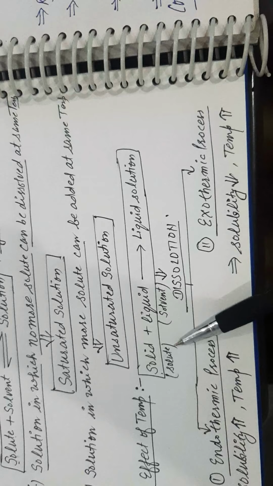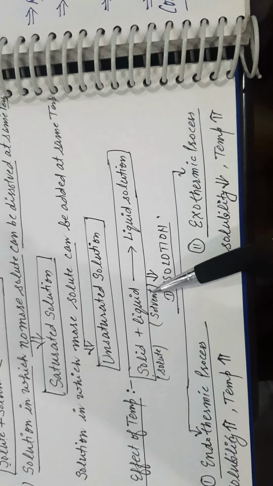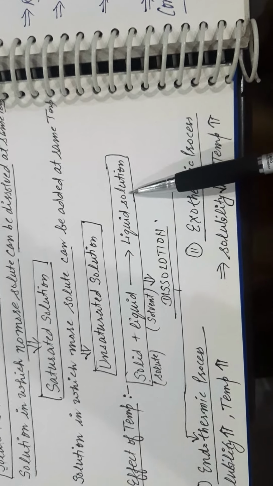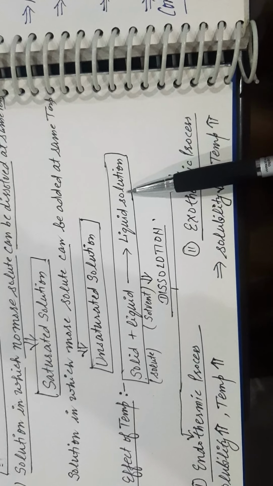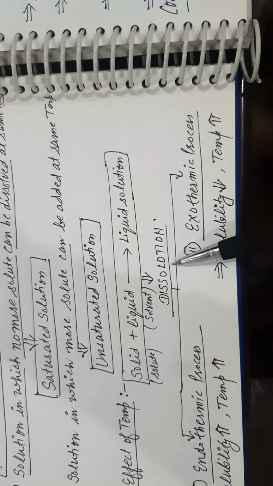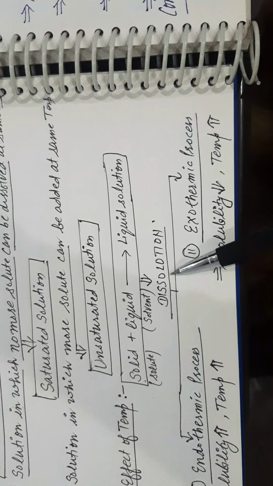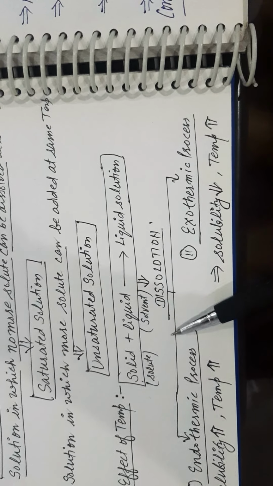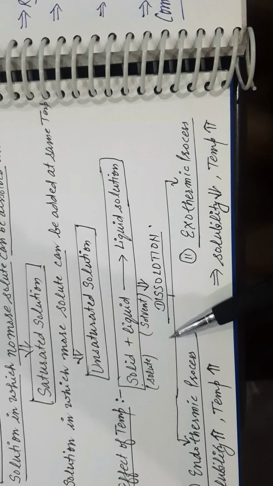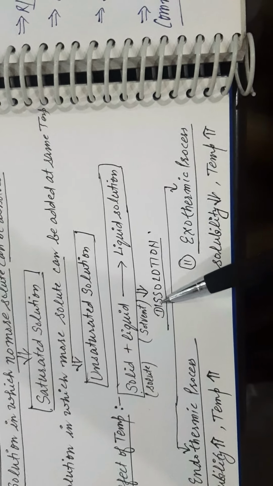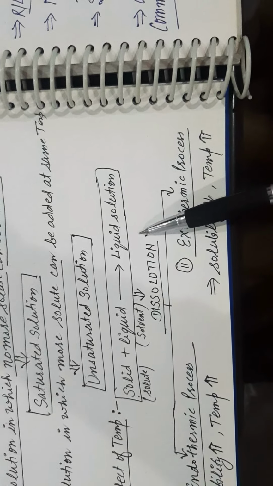When a solid solute is present in a liquid solvent, a liquid solution forms, and this process is known as dissolution. Dissolution is defined as the process in which a solute dissolves in a particular solvent at a particular temperature.